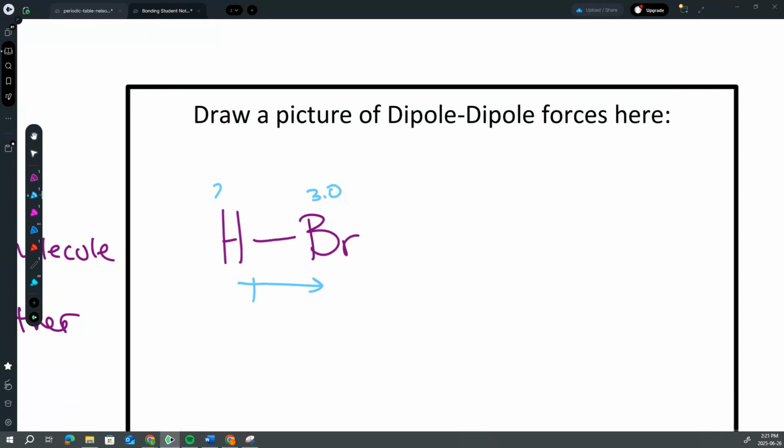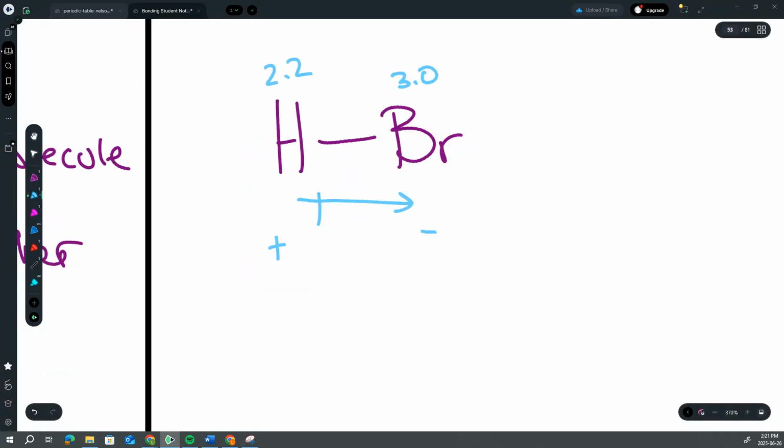Okay, so let's write the electronegativities just above them. The side that looks like it kind of has a plus sign on it, that's the side of this molecule that has a slightly positive charge. And the dipole arrow always points towards the side of the molecule that has a slightly negative charge. So let's write that out.